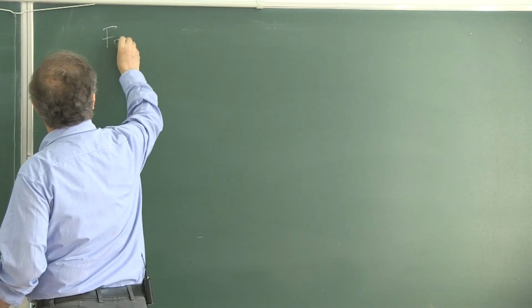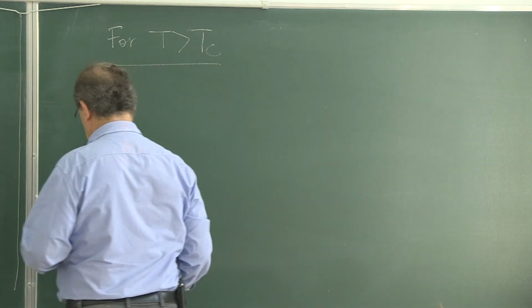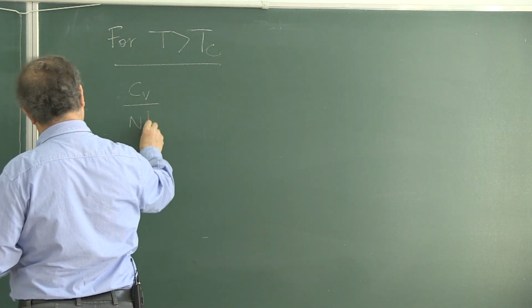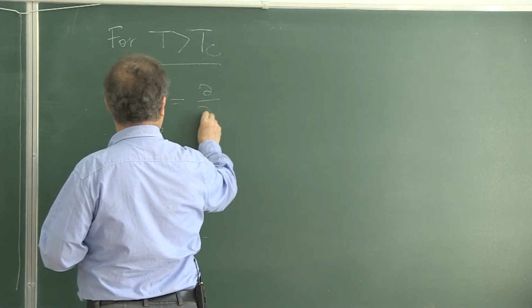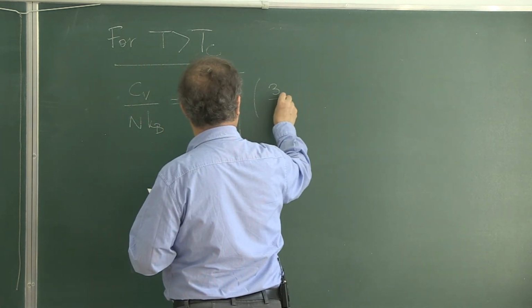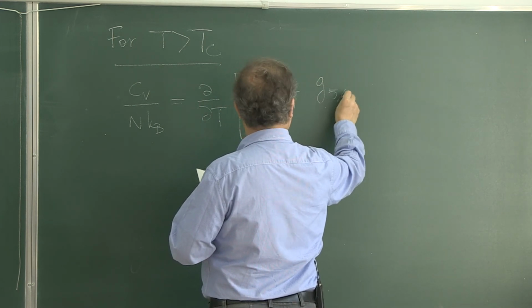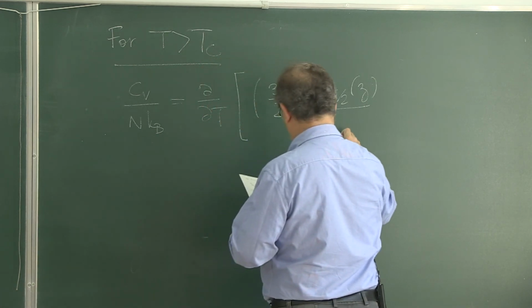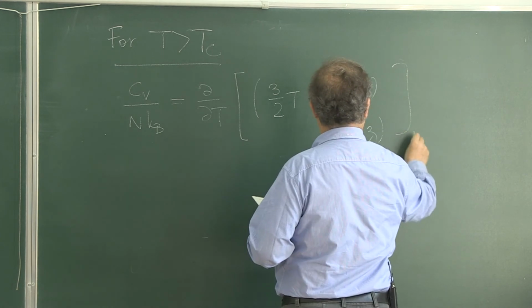For T greater than the characteristic temperature, Cv over NkB becomes the derivative of this quantity with respect to temperature, at constant volume.